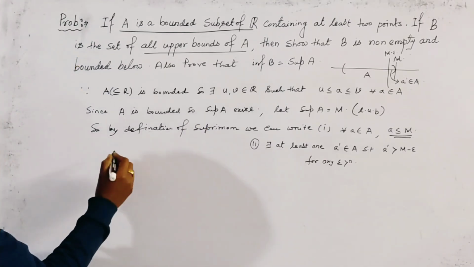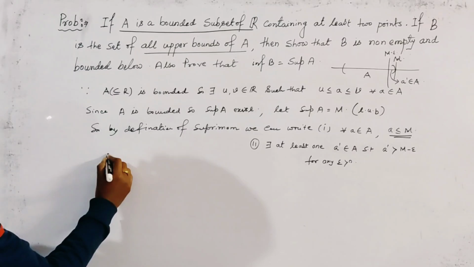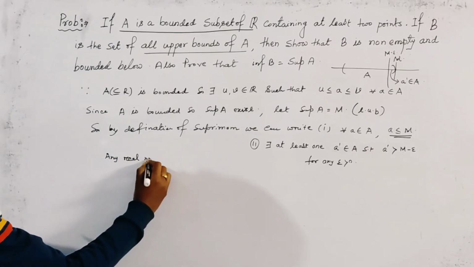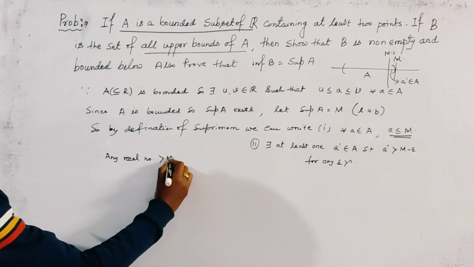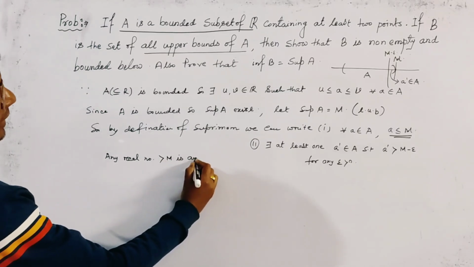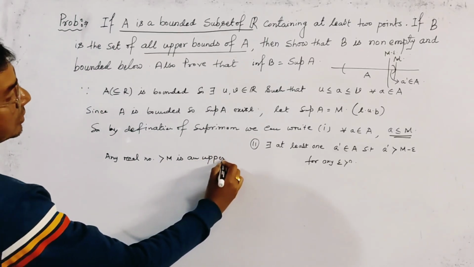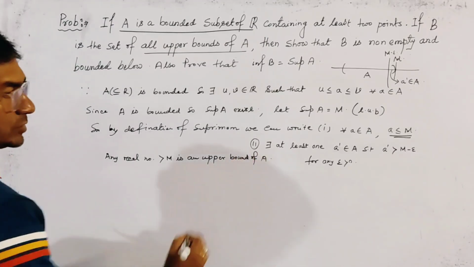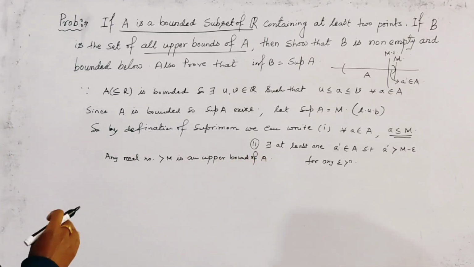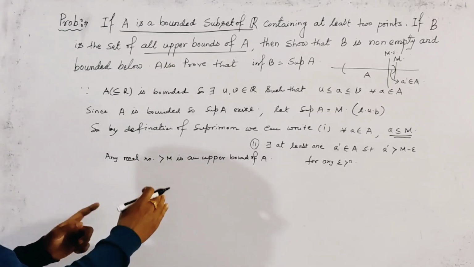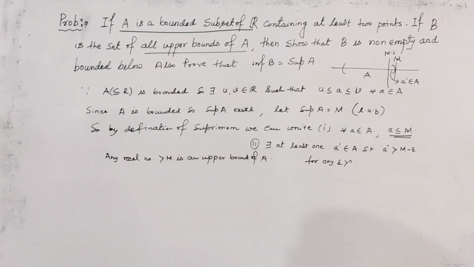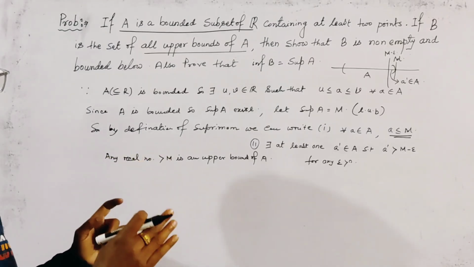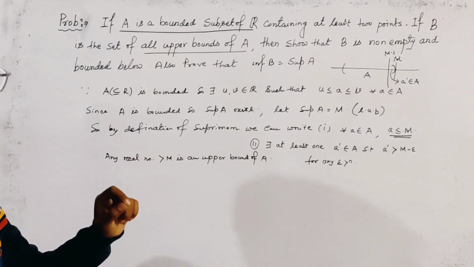Okay, so we write here any real number greater than M is an upper bound of A. So we get an infinite number of upper bounds of A, because the real numbers have infinitely many points greater than M, right?